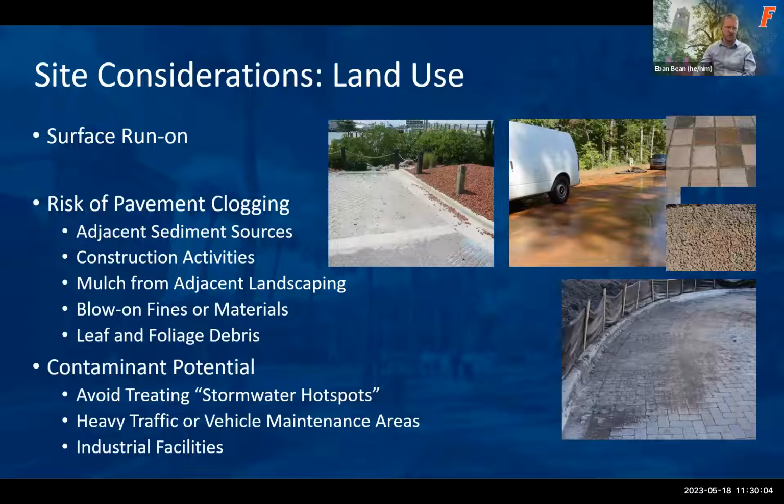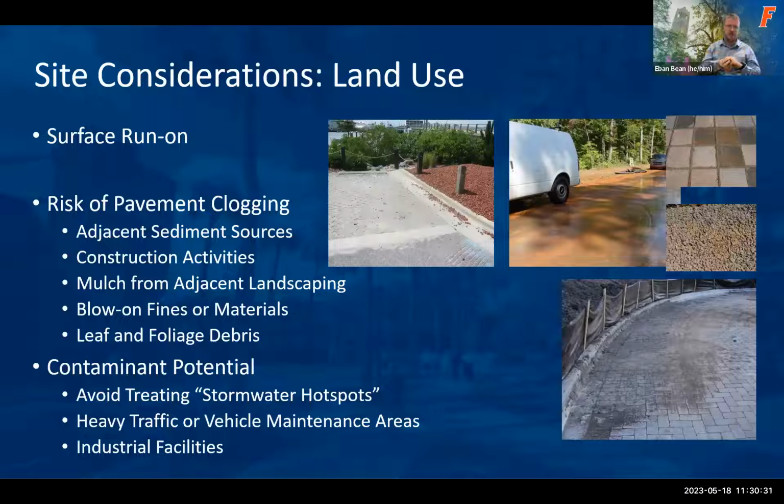Contaminant potential, just thinking about any hot spots. For example, I wouldn't recommend putting permeable pavement in a gas station where you are filling up cars. Areas that do not drain that filling area, but are still on the same site and don't have a risk of fuel going onto the surface, might be okay.